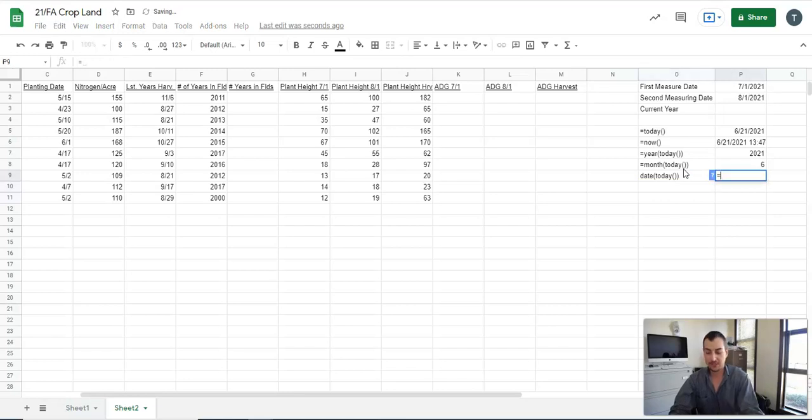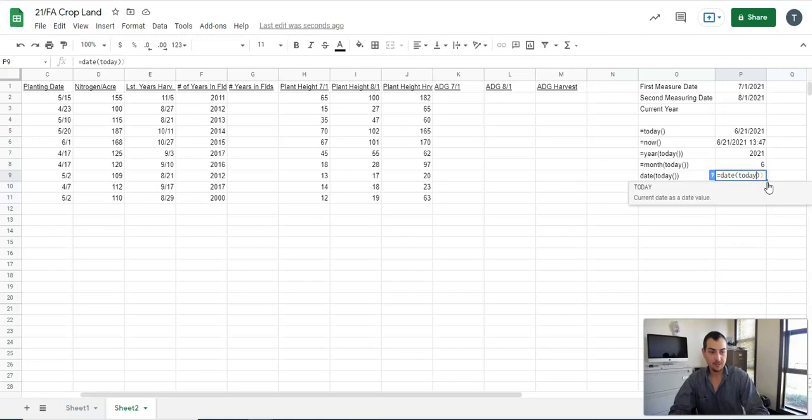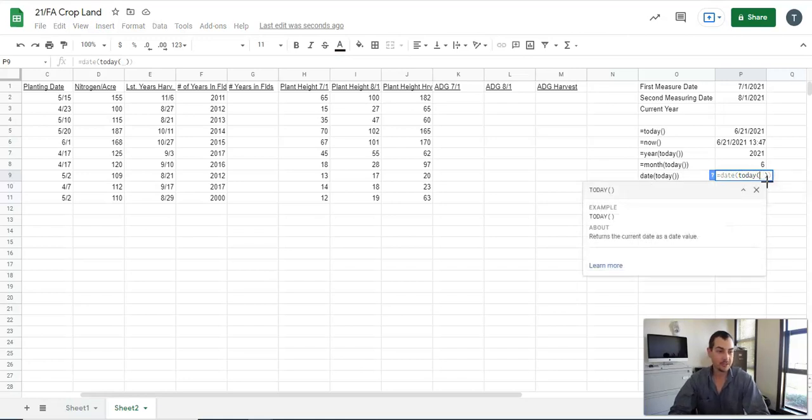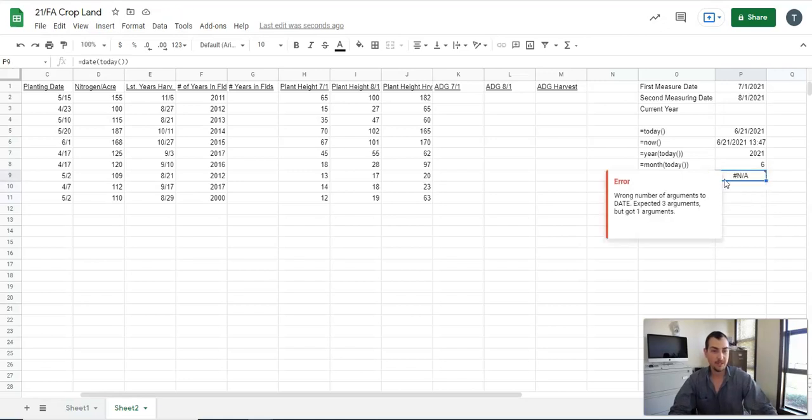So if we say equals date of today, and I put in one too many parentheses. Actually, I didn't put in one of the correct parentheses. So if I say that, it's giving me an error code right now. Well, it's because I got the wrong formula in there.